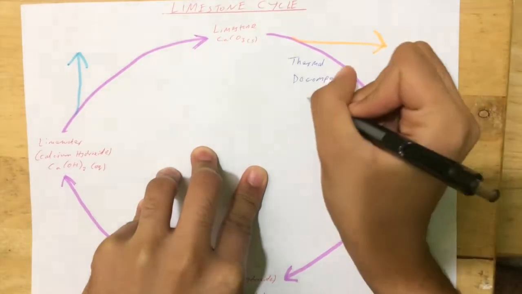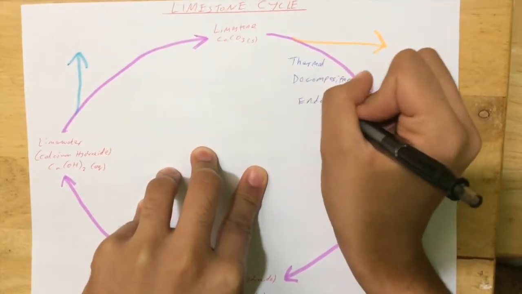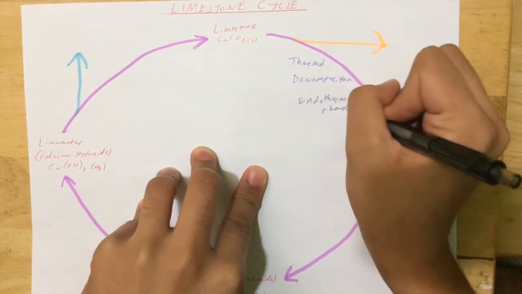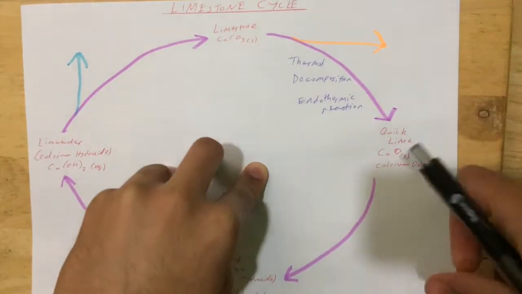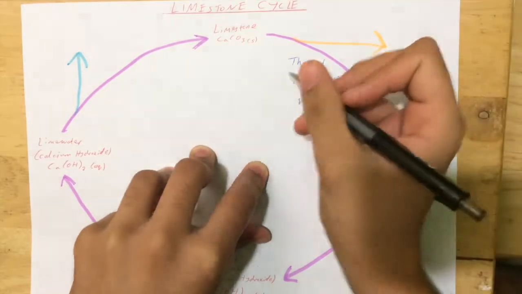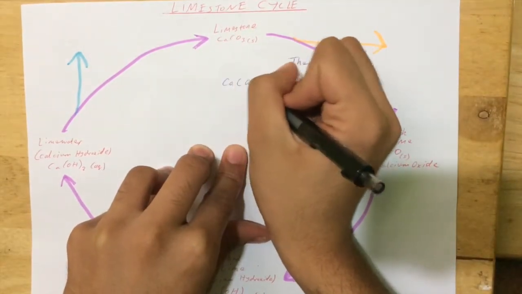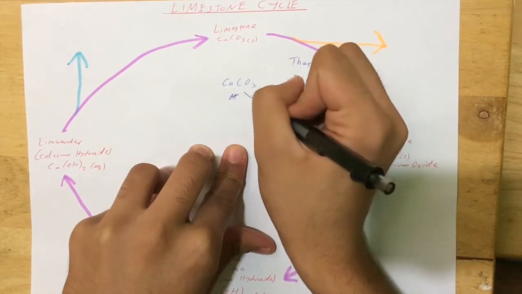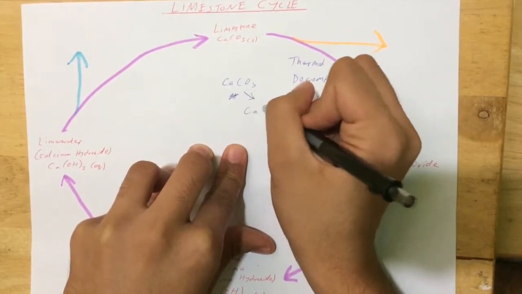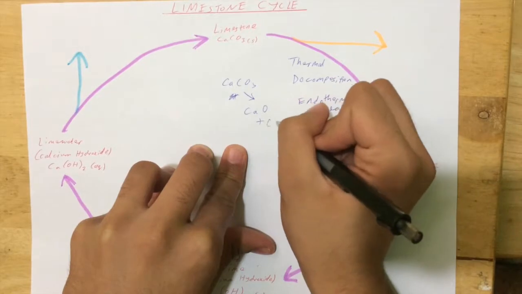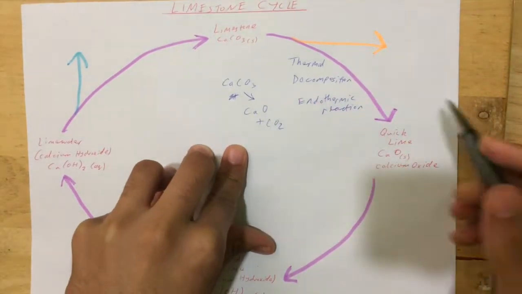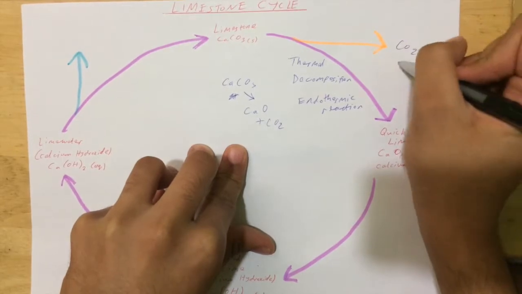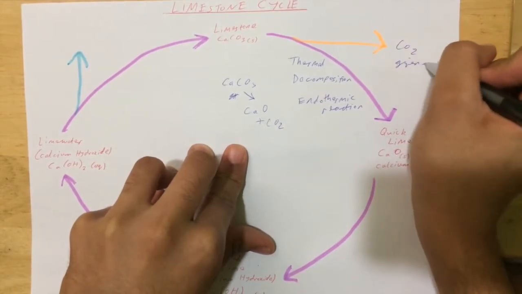Thermal decomposition is an endothermic reaction, which means the reaction takes in heat in order to form the products. Let me give you the equation. So calcium carbonate thermally decomposes to give you calcium oxide and carbon dioxide, which is why I've drawn an extra arrow here, because carbon dioxide is given off.